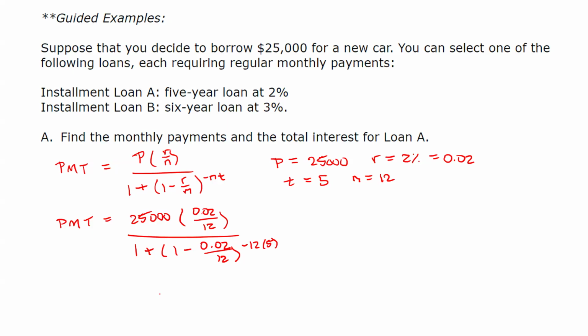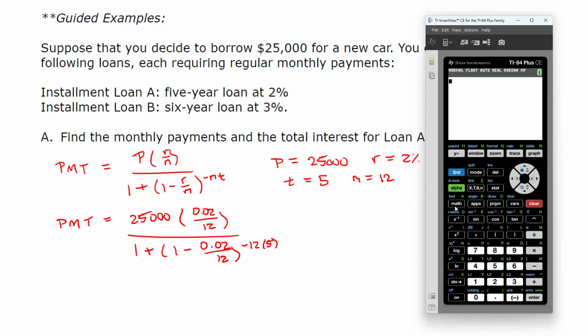So we would then need to enter all of this into our calculator. We'll take alpha variable to set up our fraction, 25,000, parentheses, fraction, divided by 12.